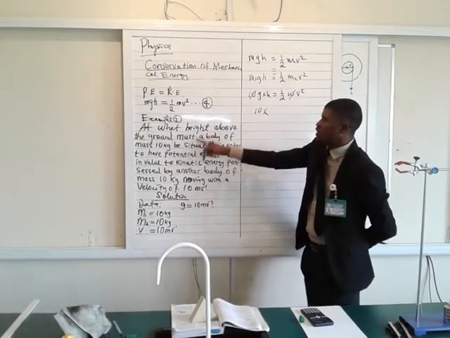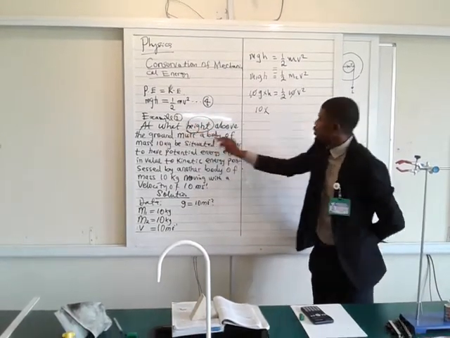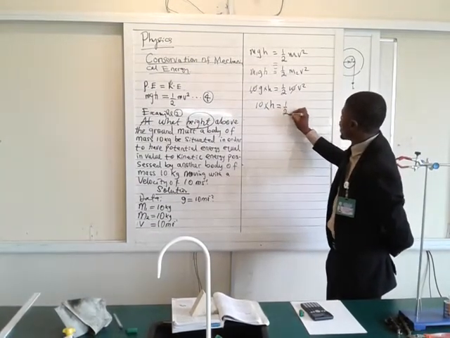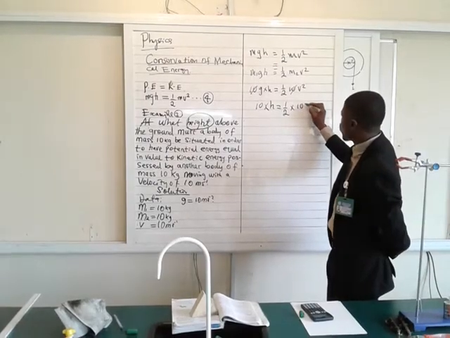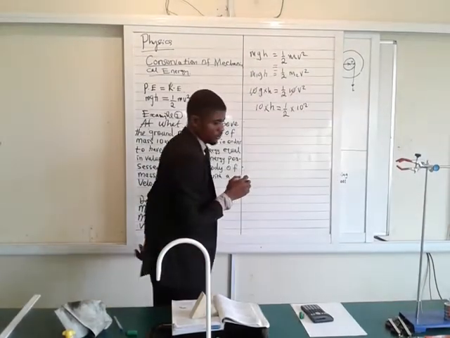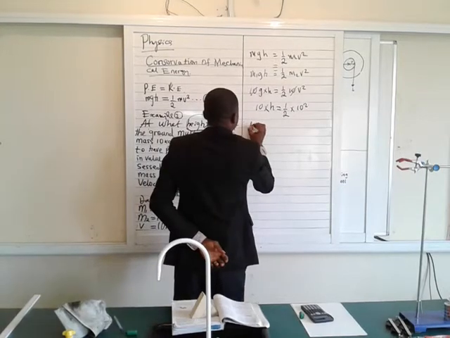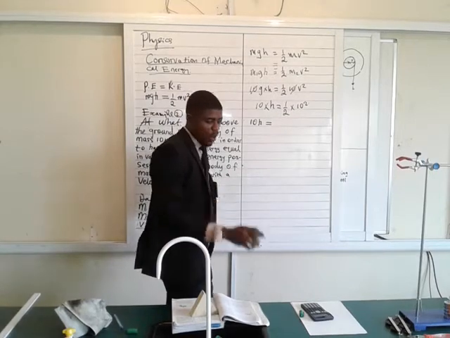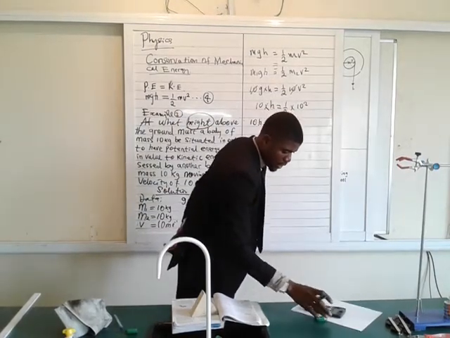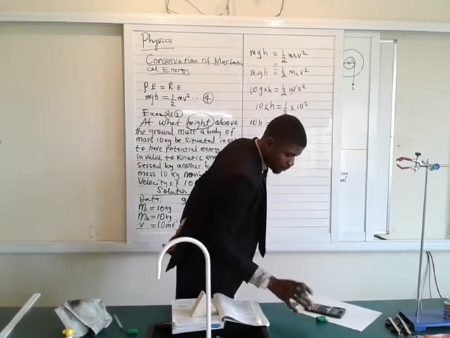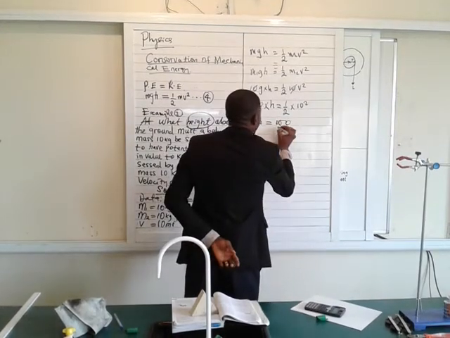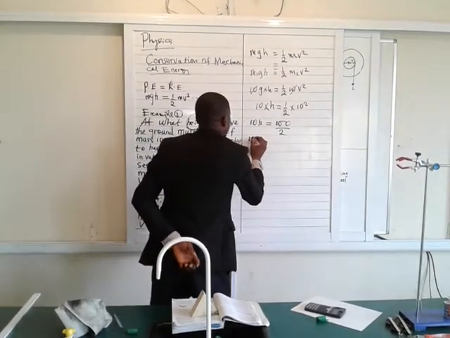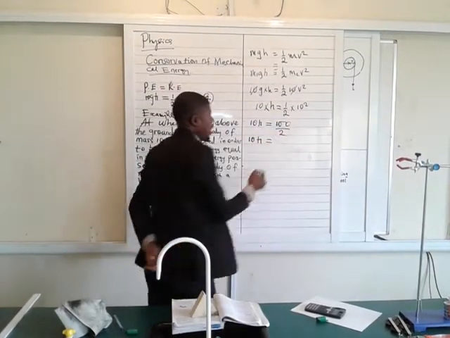Because the question is at what height? So we say 10 times h equals half of 10 squared, which should be 100. So we have 100 over 2. You see that? So we have 10h equals 50.